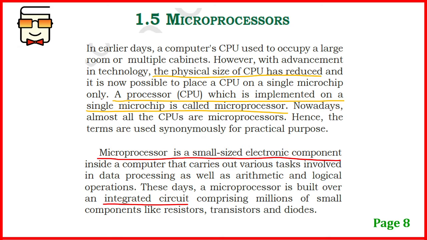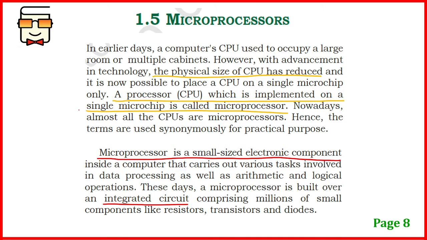So we say that a CPU that is built on a microchip is known as a microprocessor. So a central processing unit present over one microchip is known as the microprocessor. Since most of the CPUs are being built on microchips these days, the terms CPU and microprocessor are used interchangeably. Microprocessor is nothing but what you refer to as the CPU in a very small size.